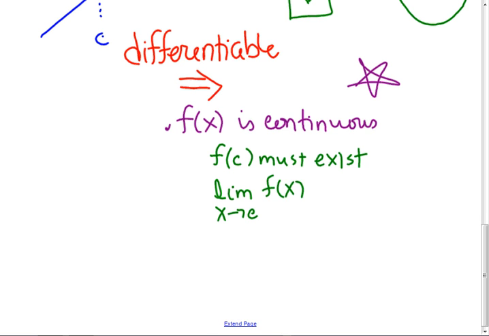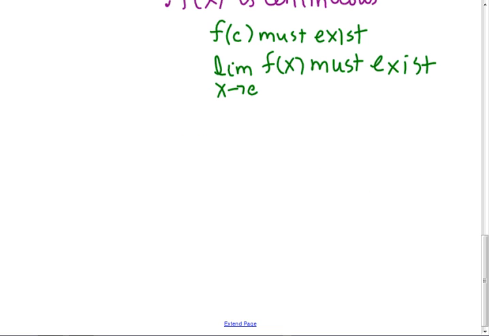Must exist. And last but not least, that's not enough. What has to be true about those two values? They must be equal. That's an equation. Equals f of c. Sometimes you have to make that equation and you have to solve it.